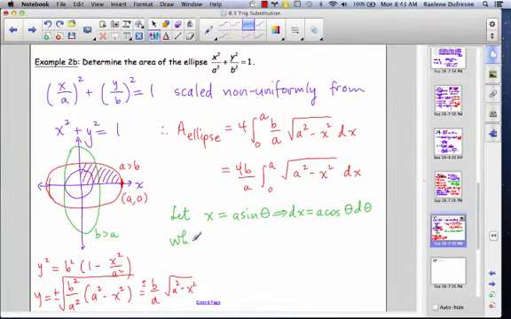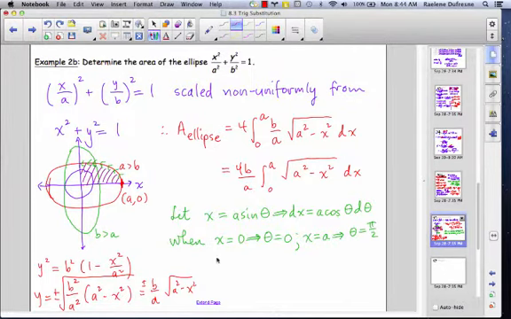And when x equals 0, that implies that theta equals 0. And when x equals a, that implies that theta is equal to pi by 2. And that makes sense because theta is going to be a quarter turn or a quarter revolution through the curve in red.